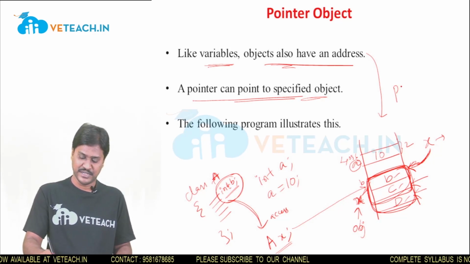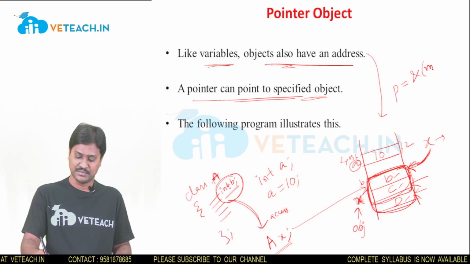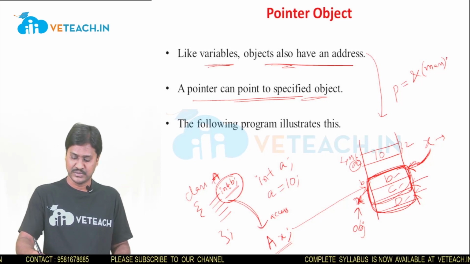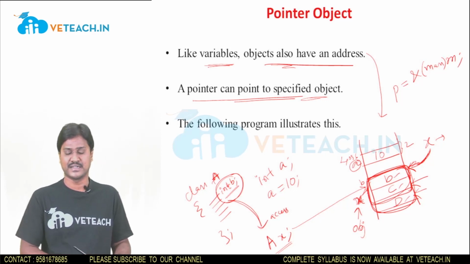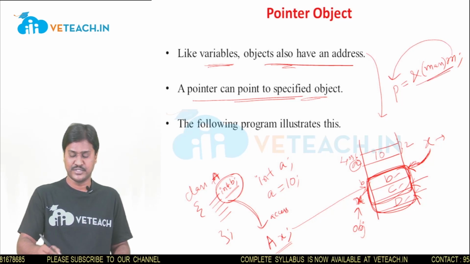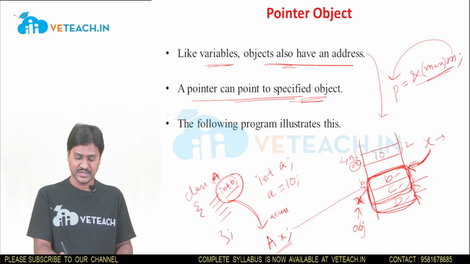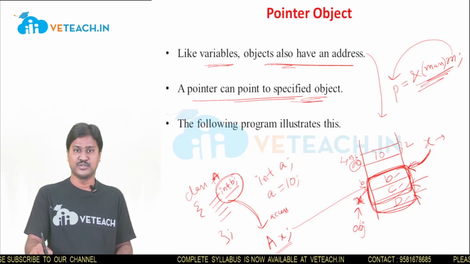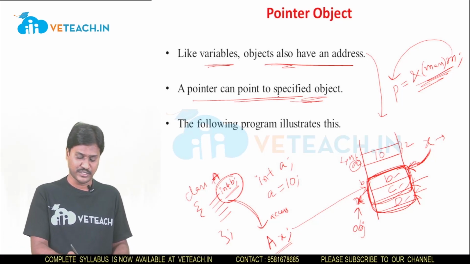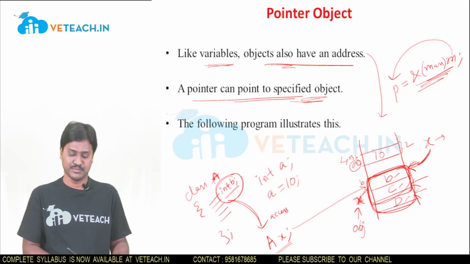For example, P is a pointer and I use the address operator, and man is the class from the previous topic, so M is the object of the man class. This way I assign the address of this object of the class man to a pointer P. This concept clearly tells about a pointer to a class, and in the same way we can assign a pointer to a specified object, and we will see this clearly in the example.